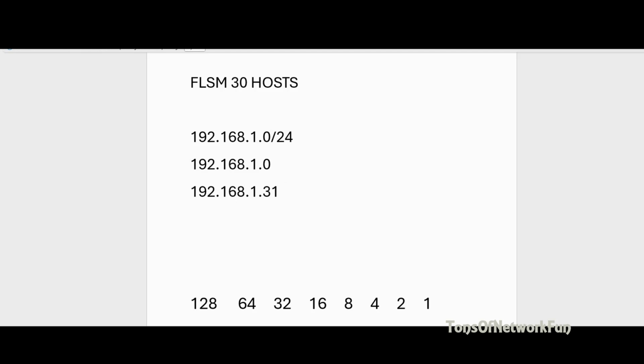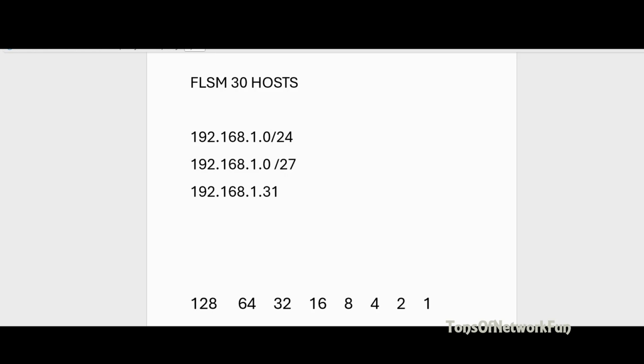Now the slash value. We are borrowing 3 bits. We are at 24, the default slash value. If we borrow 1 bit, it is 25. If we borrow 2 bits, 26, but we are borrowing 3 bits here, so the new slash value is /27.